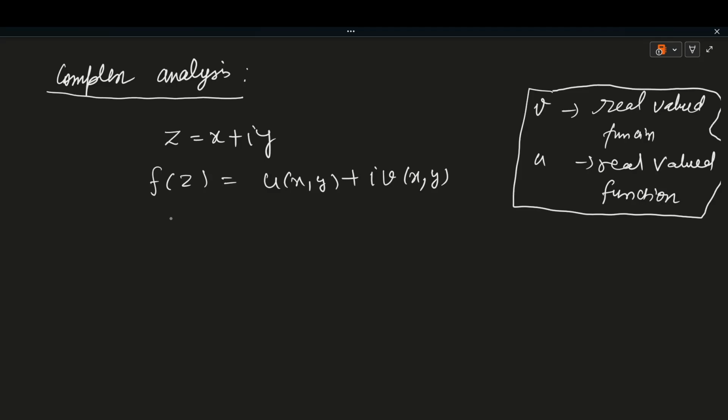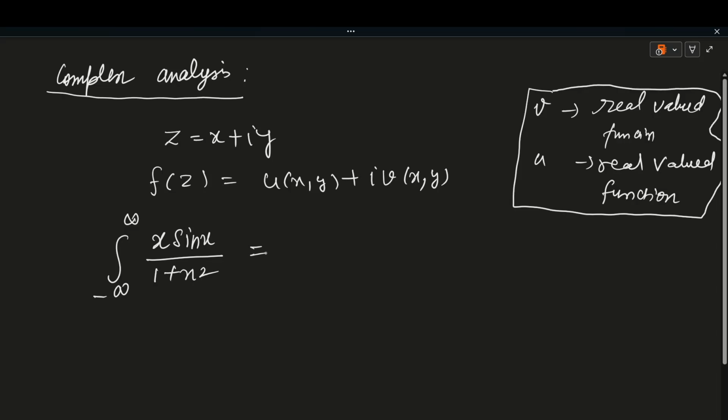Why we need complex analysis? We know some integrals, like the integral from minus infinity to infinity of x sin x over 1 plus x squared. This integral gives pi by e. But if you go from the real point of view, like we do in real analysis, it will take 2 or 3 pages, or maybe it will be difficult for us to know this value.